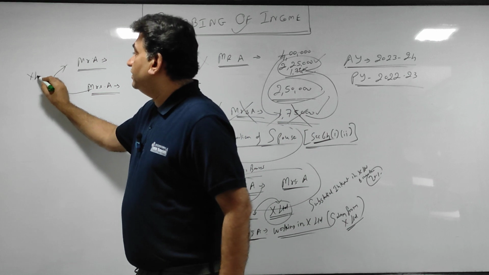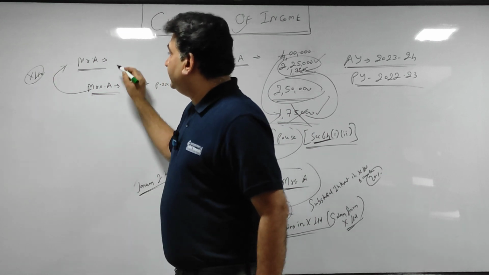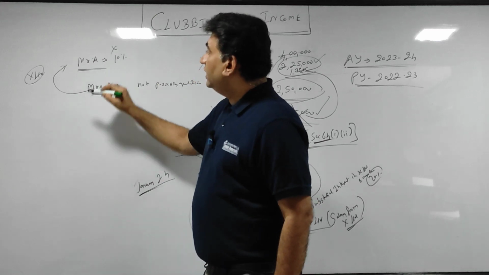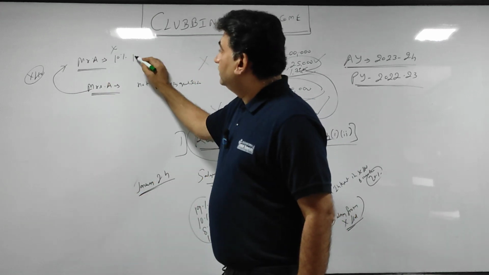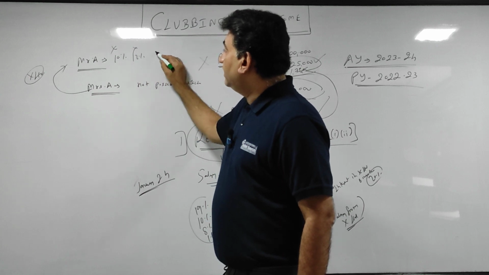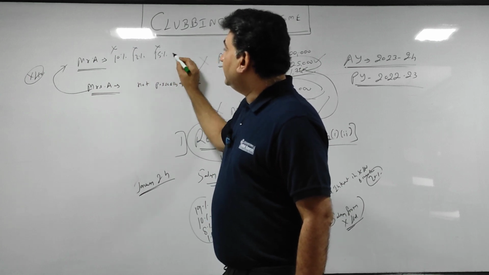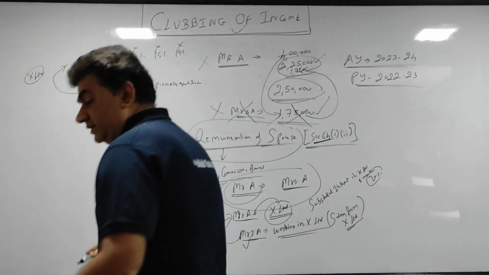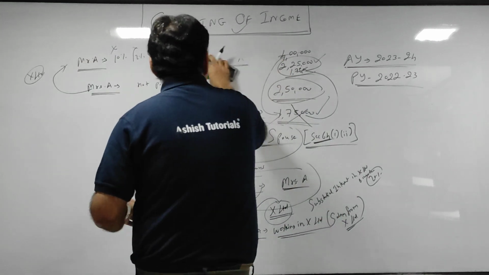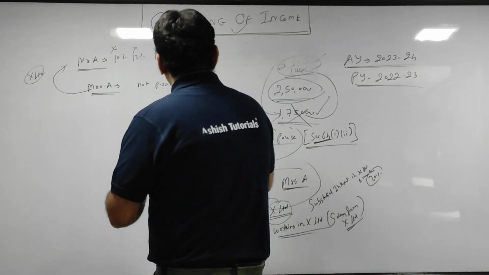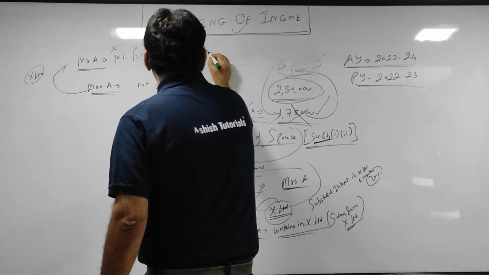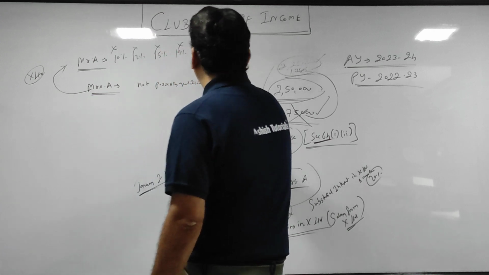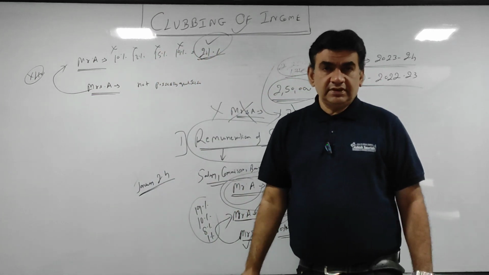Okay, if A's interest in X Limited is 10%, cannot be clubbed. 12%, cannot be clubbed. 15%, cannot be clubbed. 19%, cannot be clubbed. But 21%, can I say it will be clubbed?